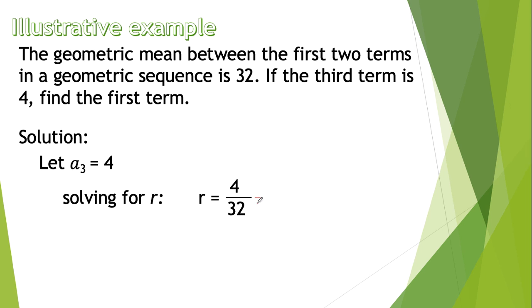Both numbers are divisible by 4. So 4 divided by 4 is 1, and 32 divided by 4 is 8. So our r is 1 over 8.